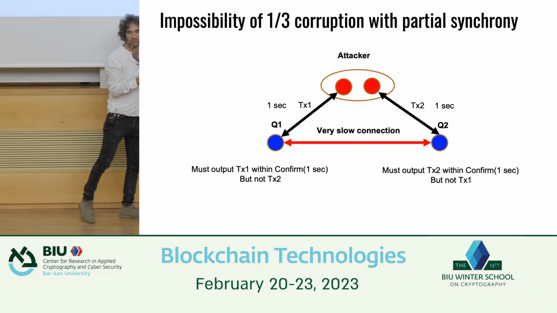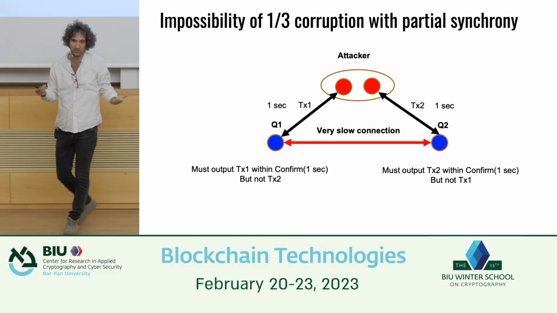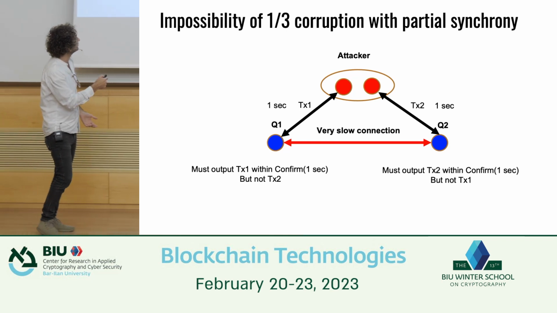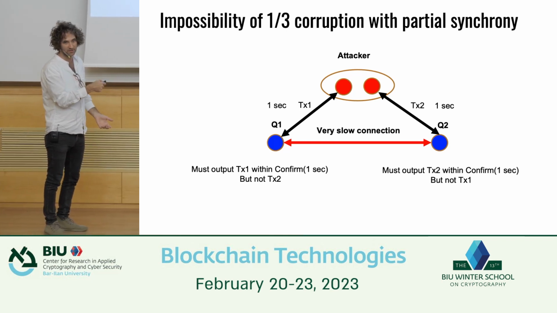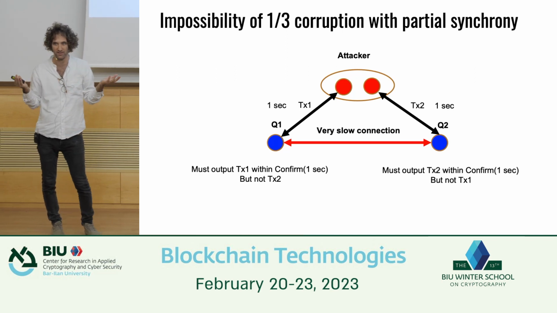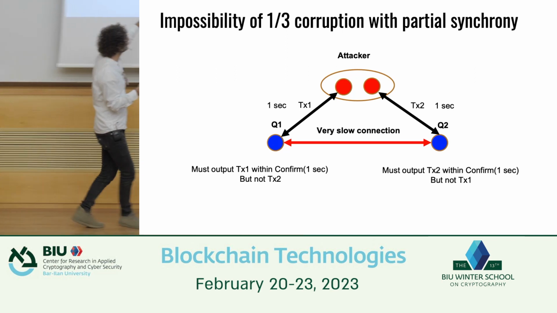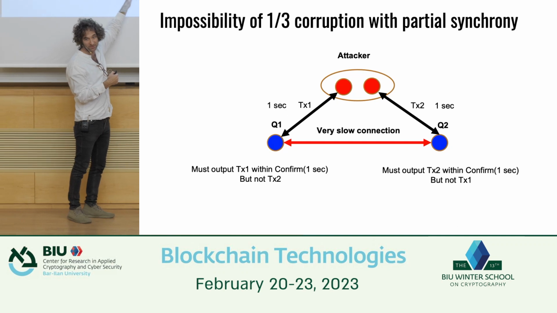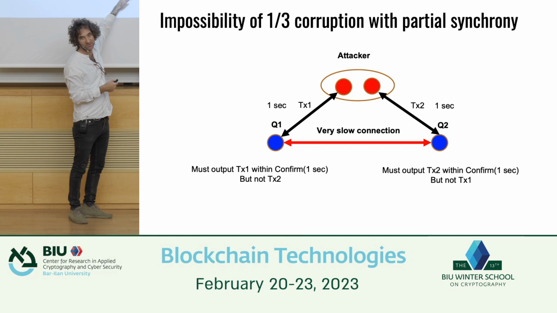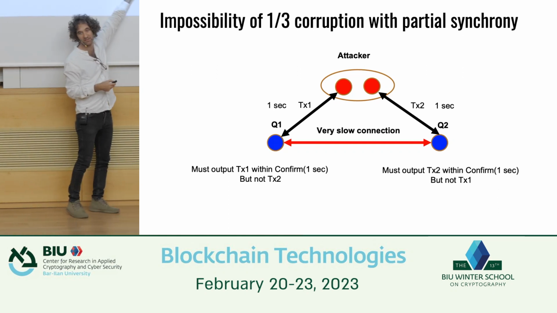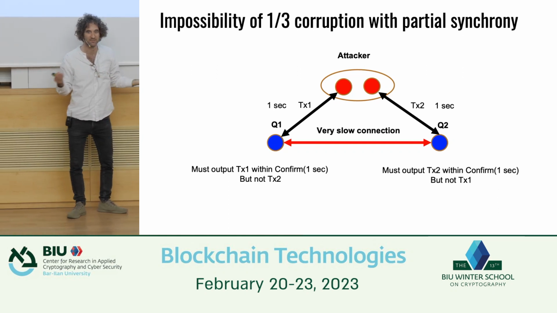And the same thing here. And now we have broken consistency, because now we have 2 good guys that are actually outputting differently. Well, this guy might actually output TX2 at some point later on. It probably will, who knows? But at least TX1 is going to come before TX2 here, and here TX2 is going to come before TX1. And that's a contradiction.